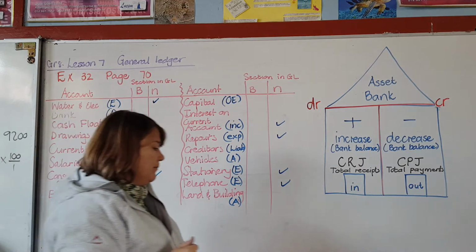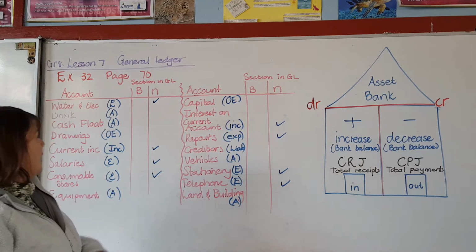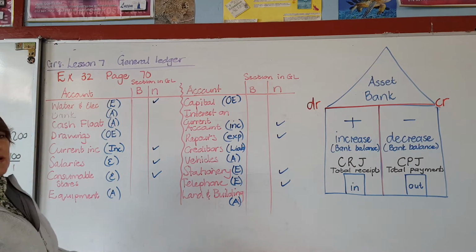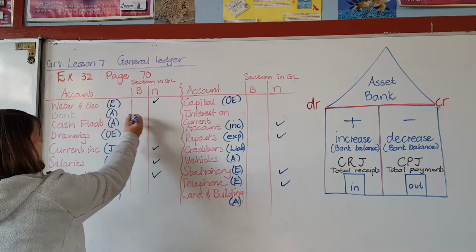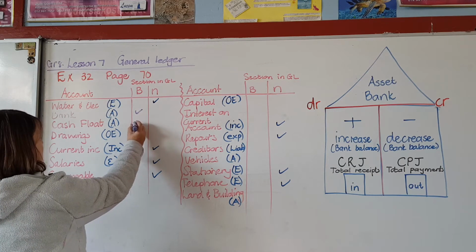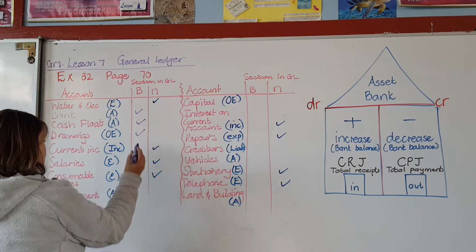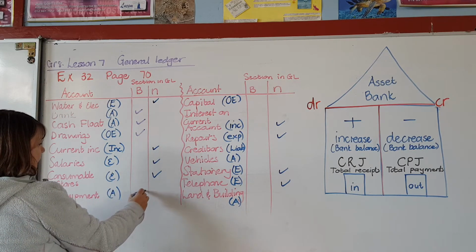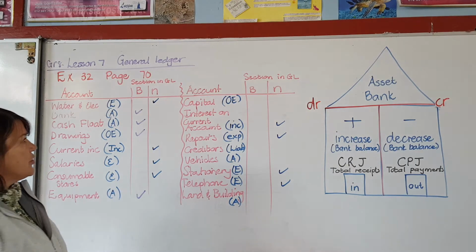Right, then your assets, your owner's equity and your liabilities will be in your balance sheet. So bank is an asset, cash float is an asset, drawings owner's equity, and equipment is an asset. That's why it's in the balance sheet section.